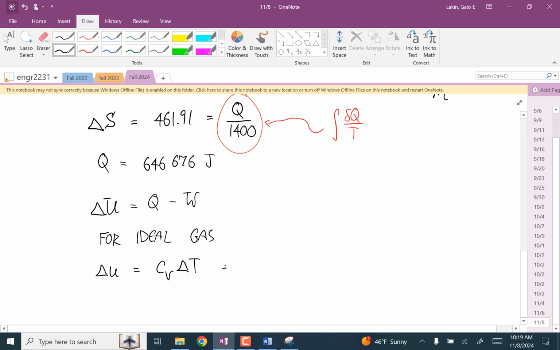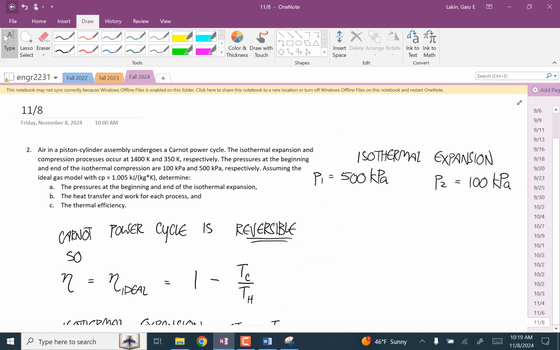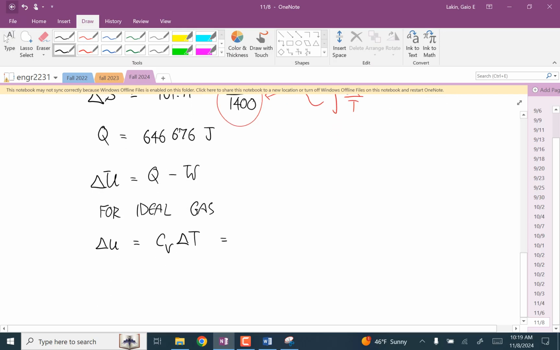And CV is, what were we given, CP? CV is CP minus R. So this is a constant. Isn't delta T 0?